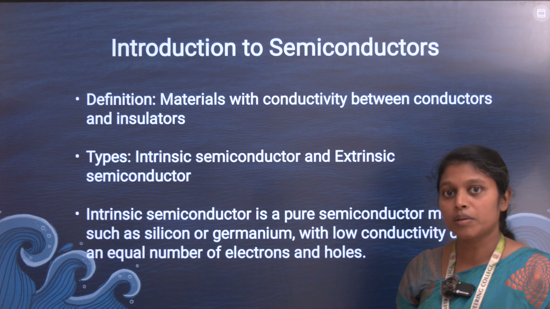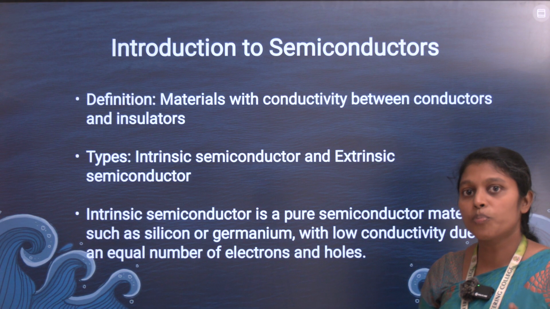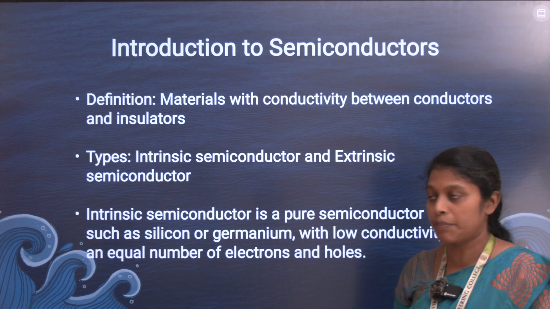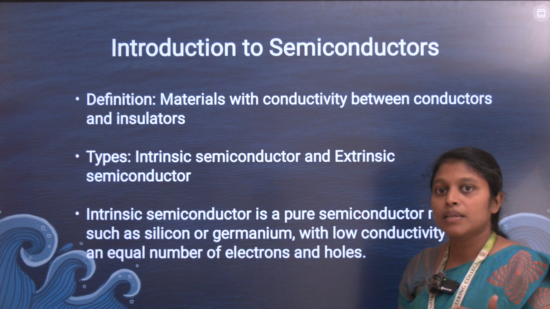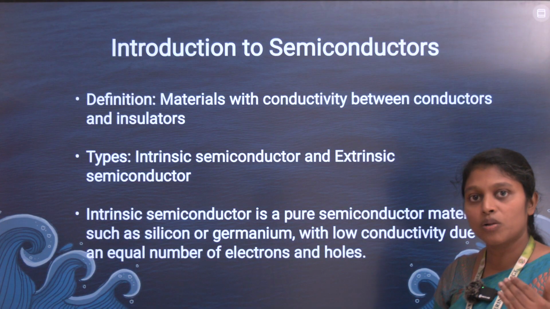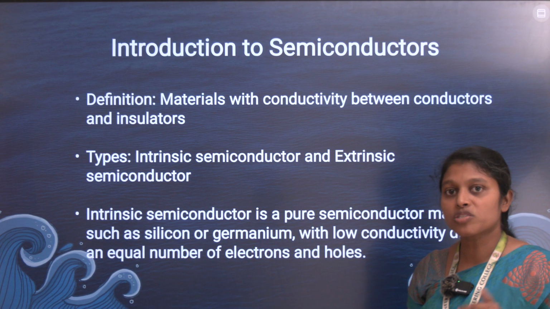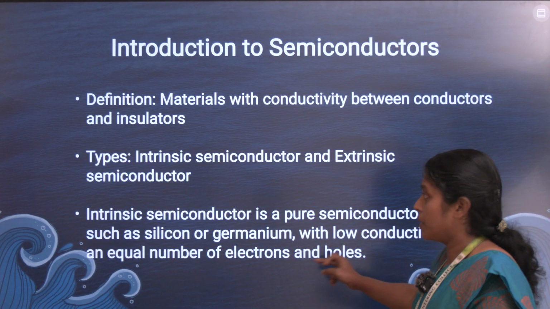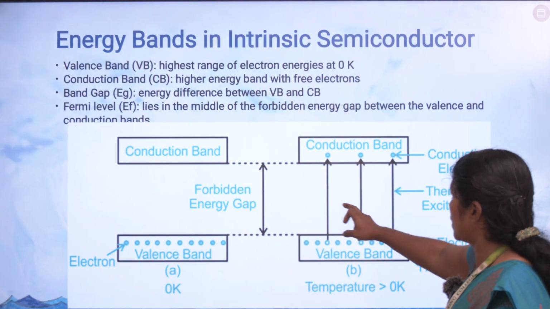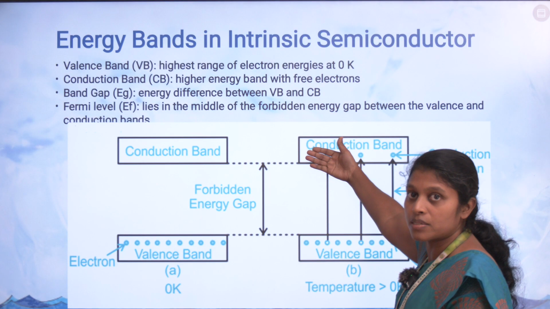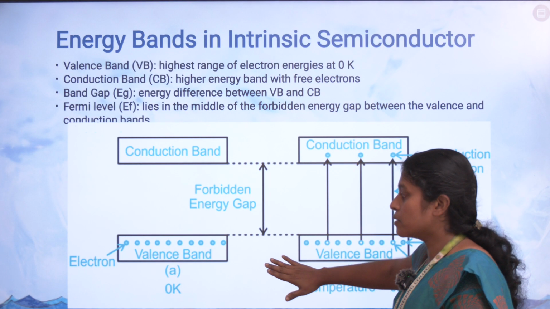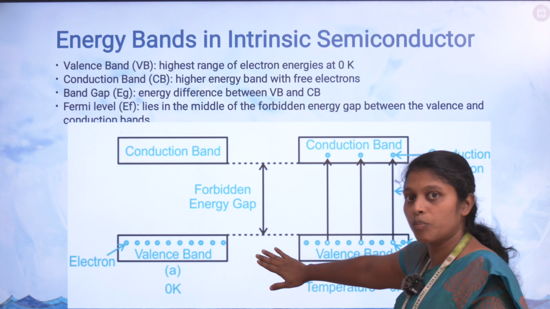Intrinsic semiconductor is also called a pure form of semiconductor, since the number of electrons and holes in the semiconductor will always be equal. Based on this, the conduction band is always at the top end and the valence band at the bottom end.